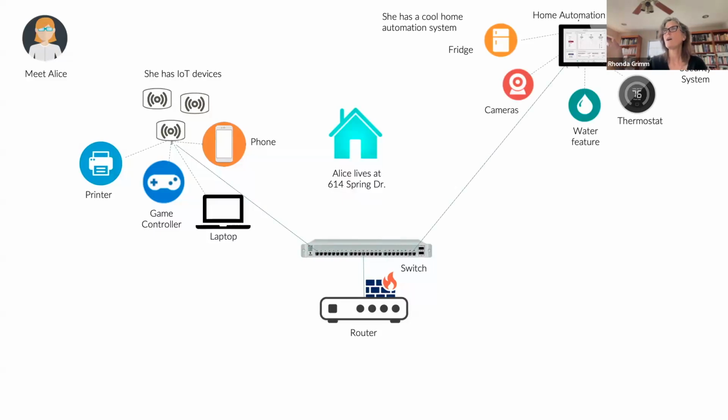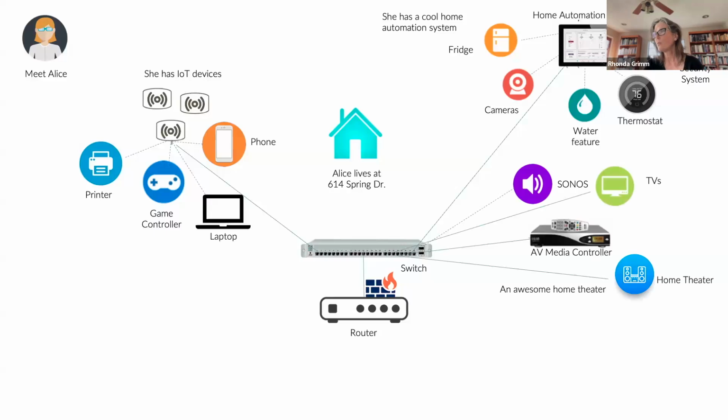She's got this great home automation system. She's got the fridge, the camera, the water features, all this stuff. Maybe the control panel plugs directly into the switch. She's got a great TV setup, and the home theater and AV media controller plug into the switch. Everything that can plug into the switch does.